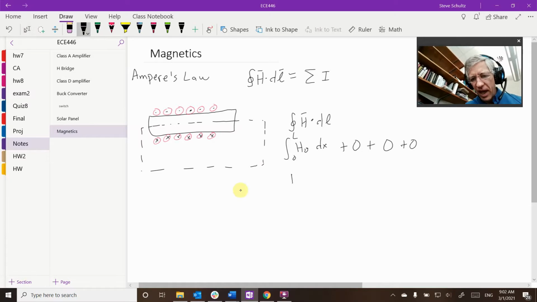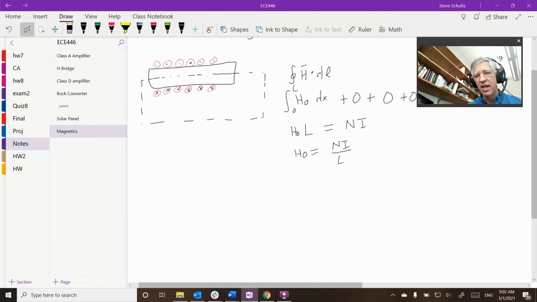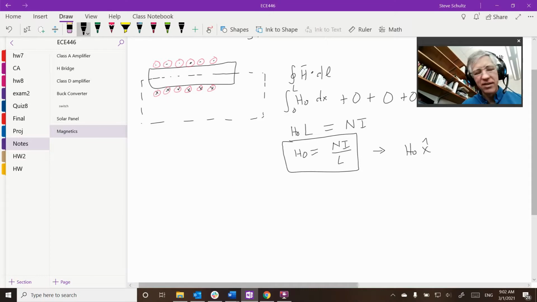So then we have H0 times L is equal to the number of turns that I crossed inside my loop, which is going to be N times the current going through it. And so we see that H0 is equal to Ni divided by the length of my solenoid. So this is the magnetic field of my solenoid. And if we want to do it in vector form, it's going to be H0 x hat.